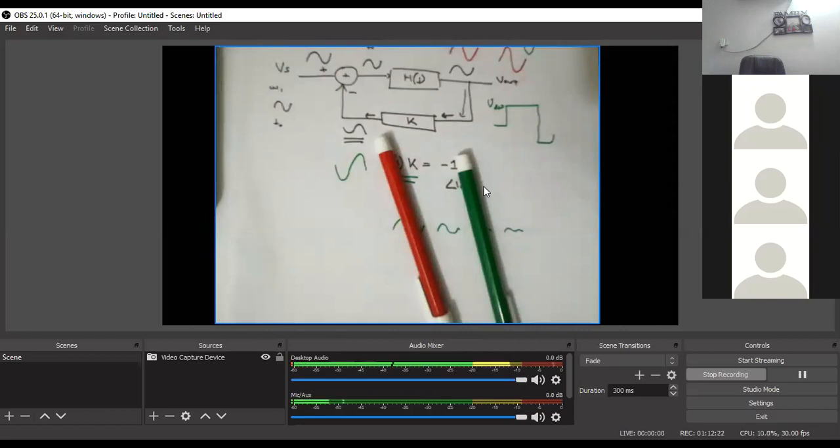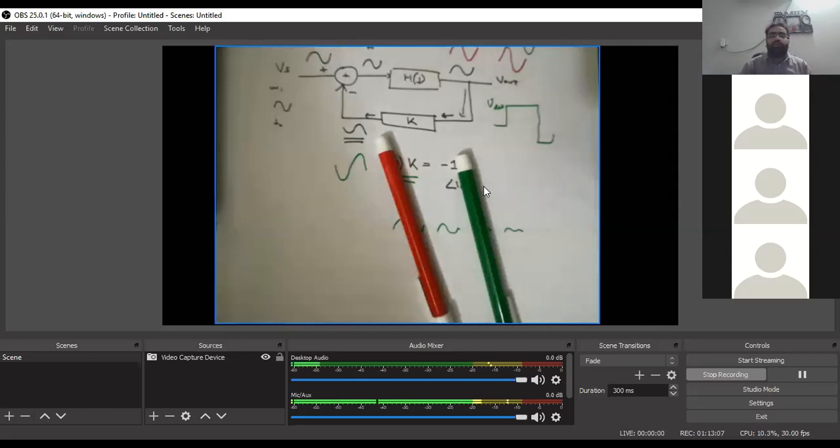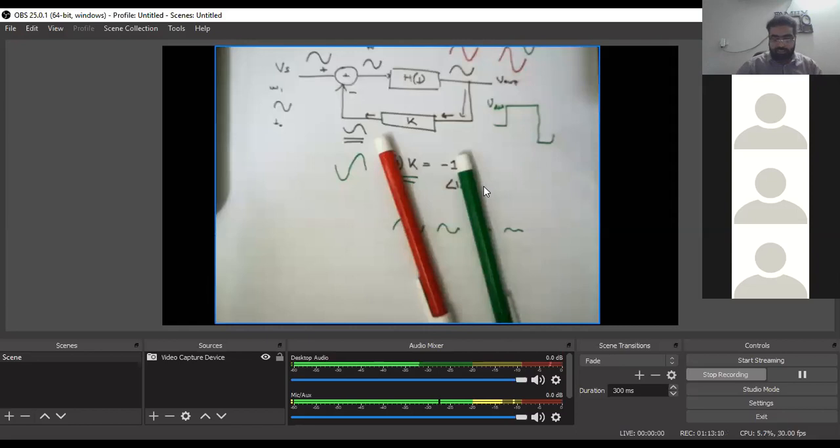Bilal, is the stability condition h of s k equal to 1 or -1? You are saying -1, sir. If h of s k equals -1, it is unstable. If it is 1, it will be stable. It's not only k; we are talking about the combination, the multiplication of h of s by k.